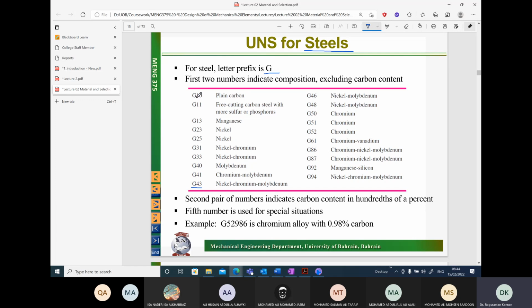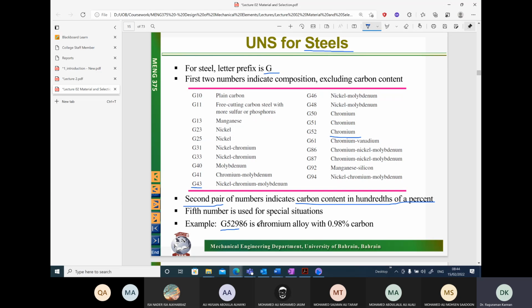After this, we have 3 more numbers. We will see the second pair of the numbers indicates the carbon content in hundredths of a percent. So let's take this example here. G52. 52 refers to chromium as the alloying material, additional alloying element in steel.